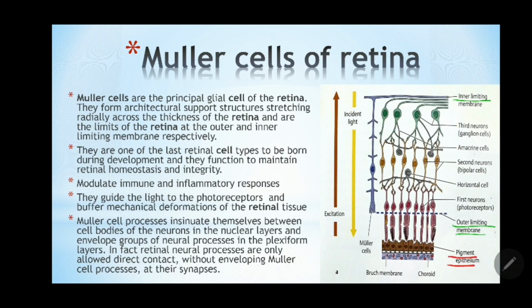These are the first layer. They will be resting on the basement membrane, and they are actually attached to Bruch's membrane. Remember, Bruch's membrane was a membrane between the choroid and the pigment epithelium of the retina. And the pigment epithelial cells are resting on a basement lamina, basement membrane.